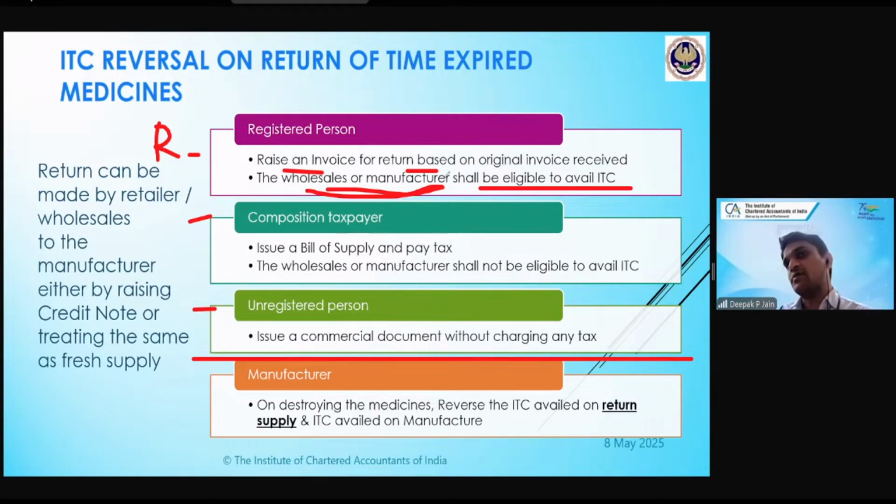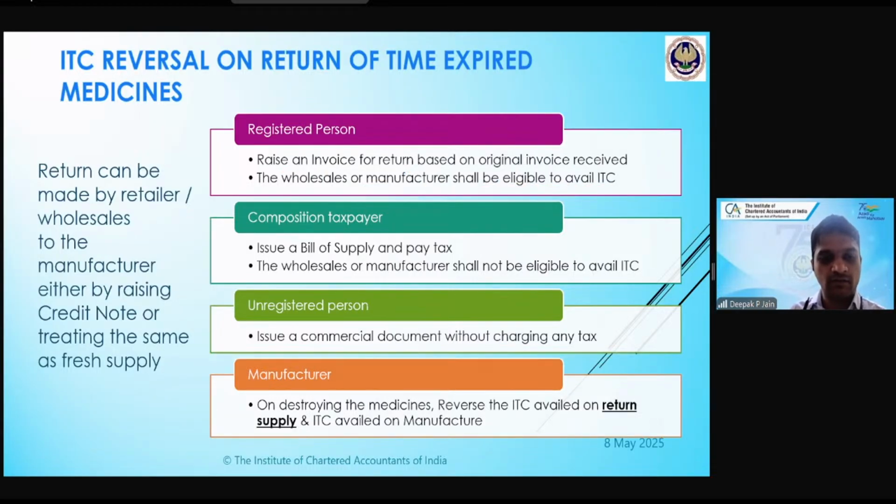Within the year or maximum 6 months after the end of the financial year. Clear? This is very clear. Next.